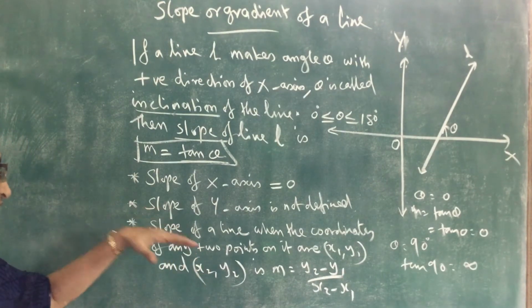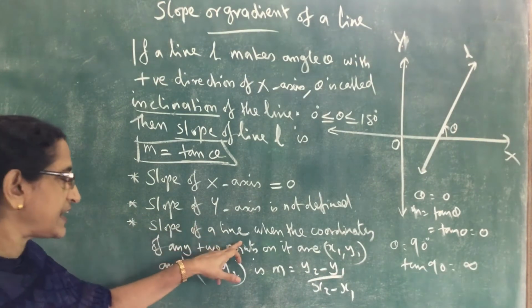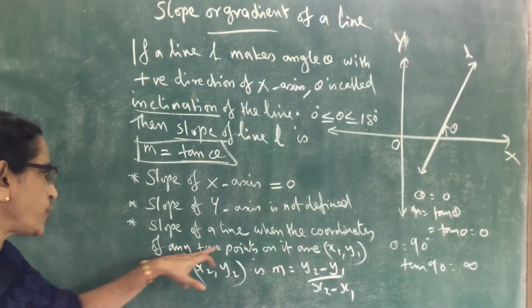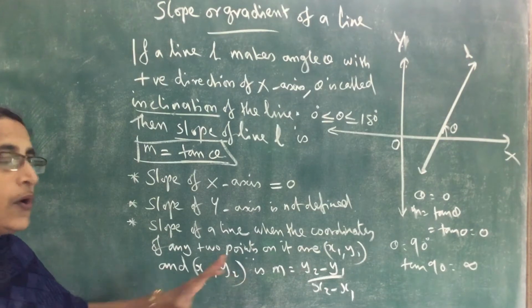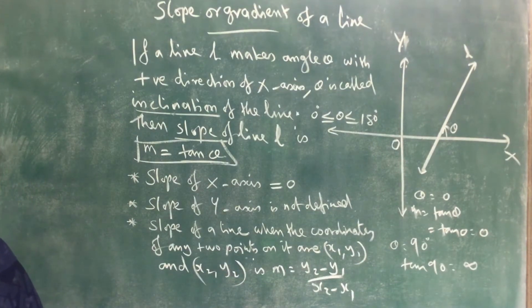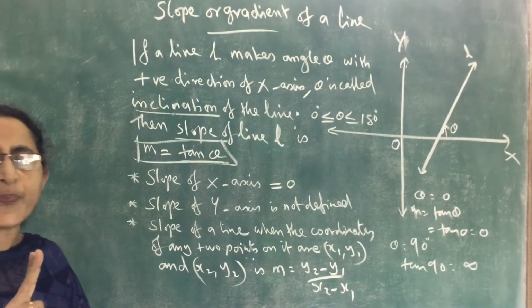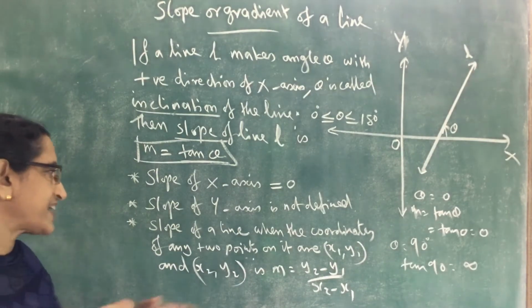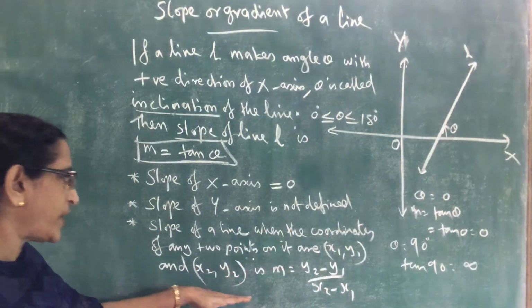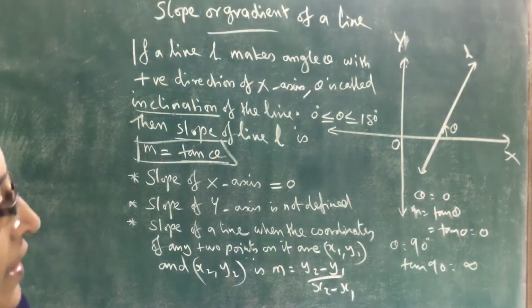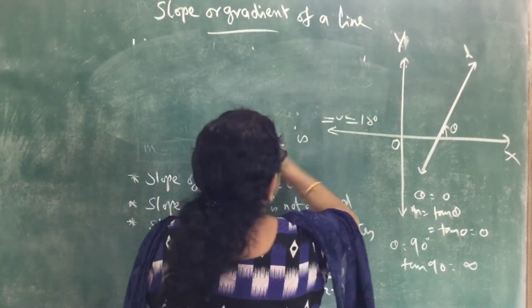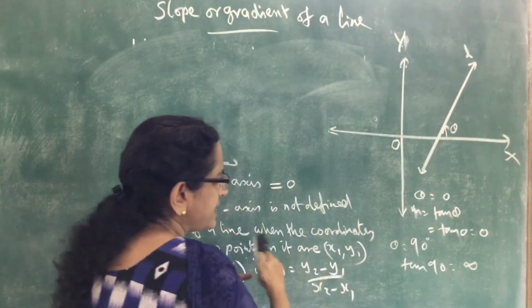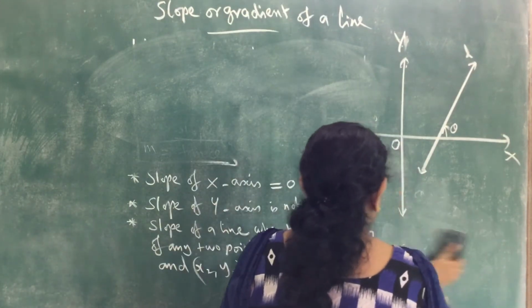Then we can find the slope of a line when the coordinates of any 2 points on it are x1, y1 and x2, y2. What will be the slope of the line if we know the coordinates of any 2 points on it?